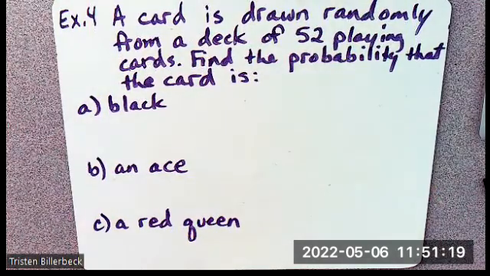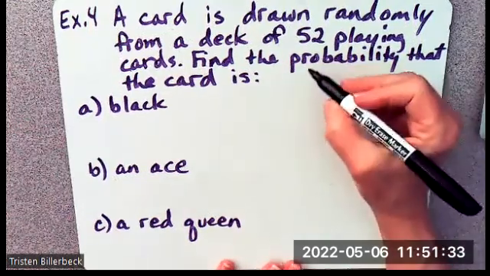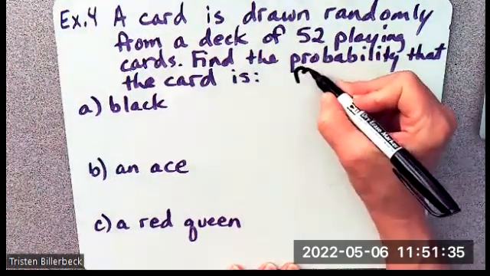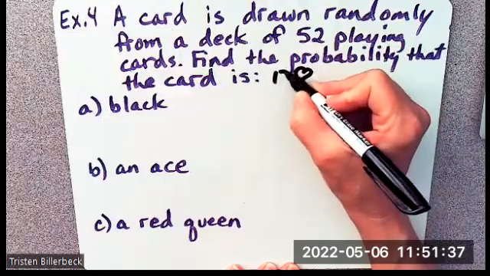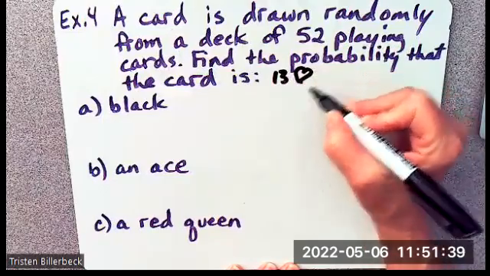All right, so a card is drawn randomly from a deck of 52 playing cards. Find the probability the card is black. So if you're not familiar with a deck of cards, okay, there are hearts. There's 13 hearts and they're red.